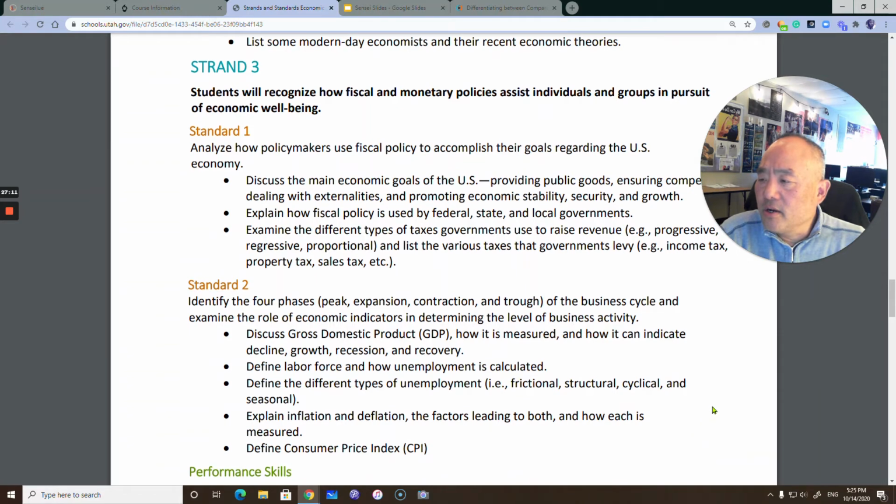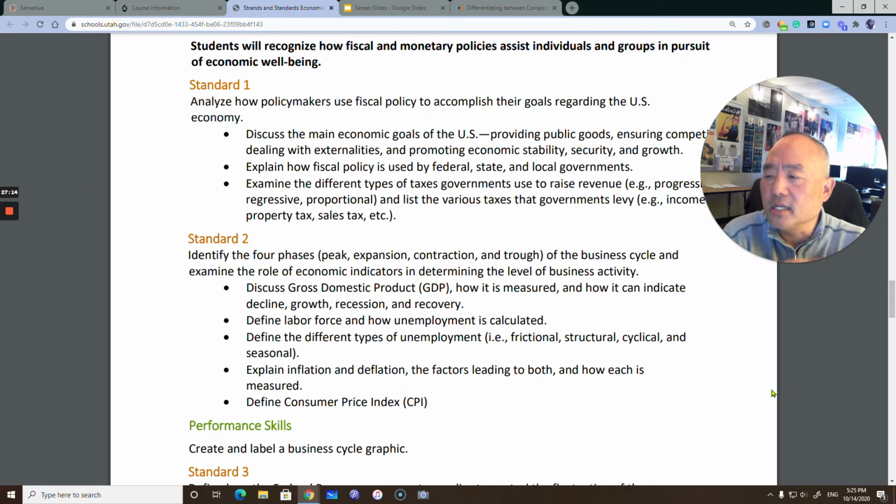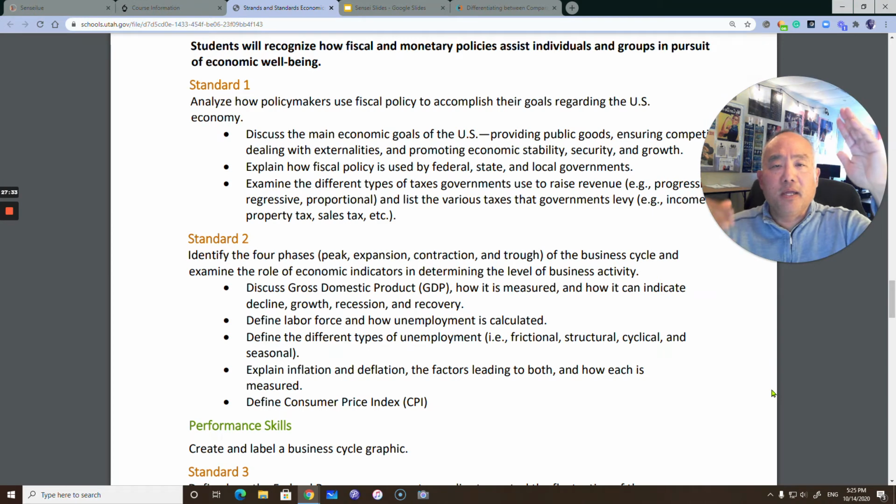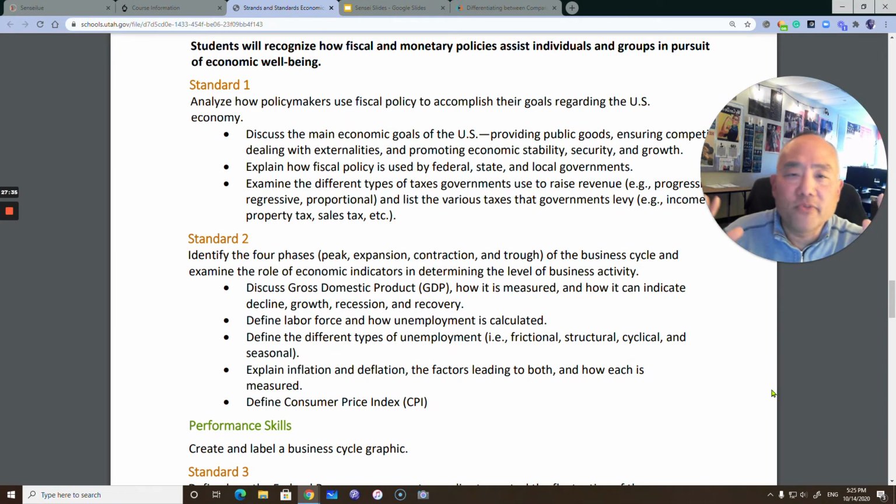In Standard 2, we read about things such as the business cycle. And remember that the business cycle is a cycle, right? So we have expansion and growth, and the curve is going up, and we hit a peak. That's when the economy is just humming, and we have full employment and low inflation, those types of things. And then we go back down, and we hit a decline, and we have this contraction happening.